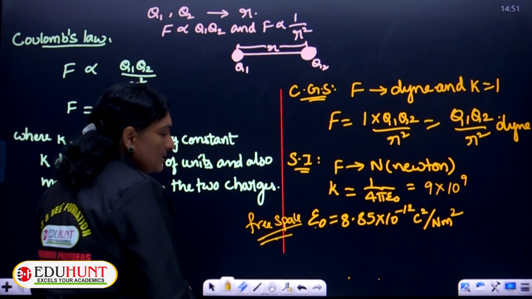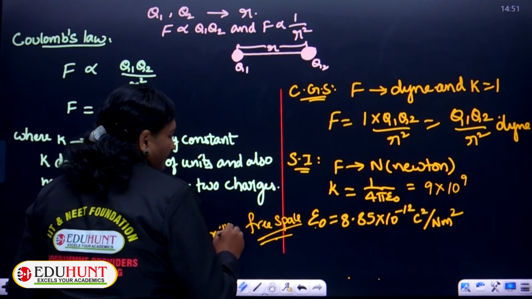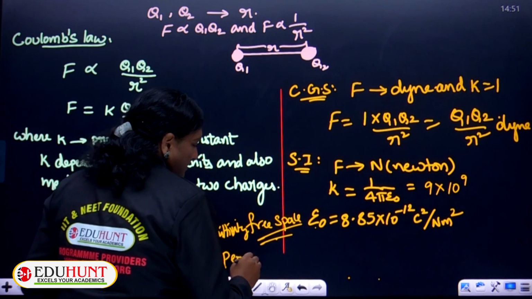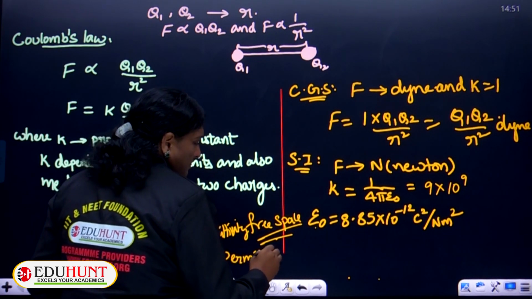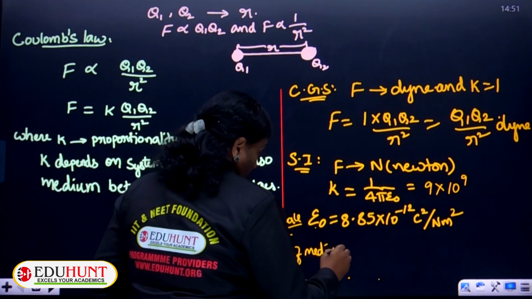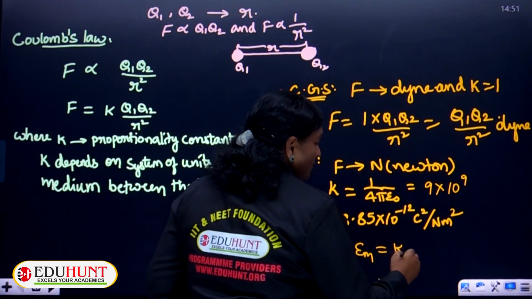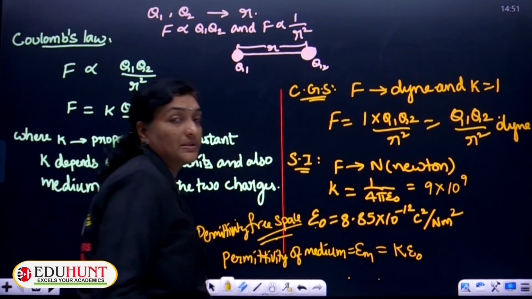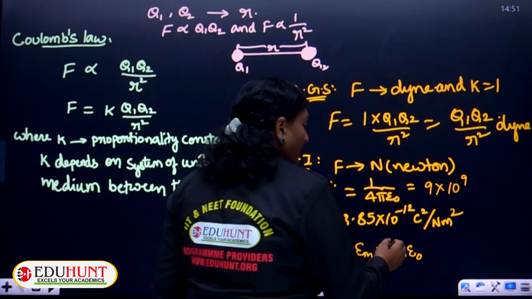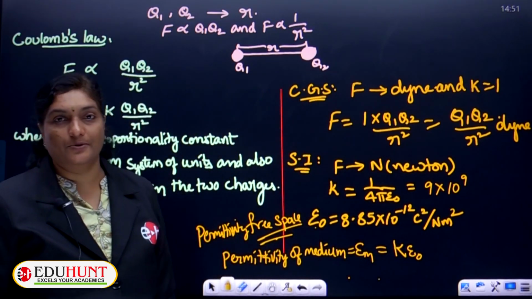Similarly, the permittivity of a medium is indicated with the letter epsilon m, whose value can also be taken as epsilon k epsilon naught. So the value of k changes from medium to medium.